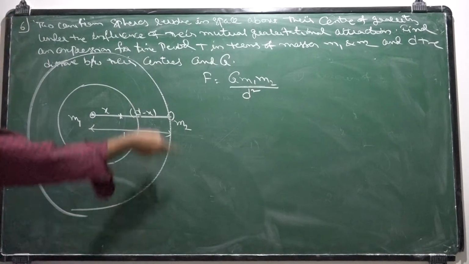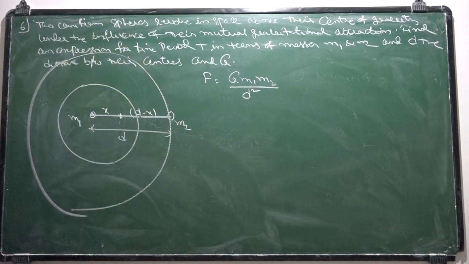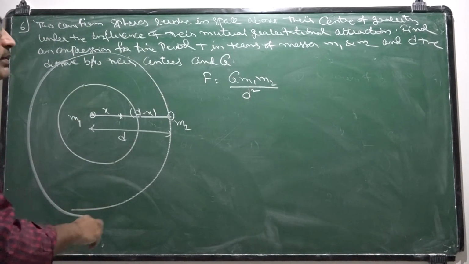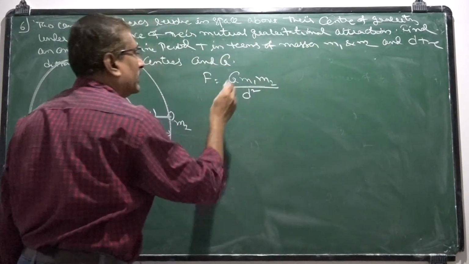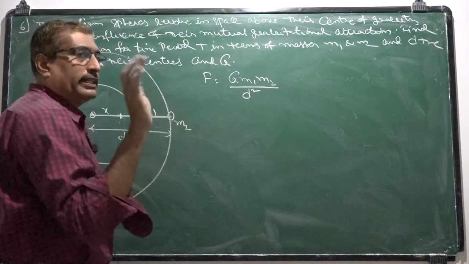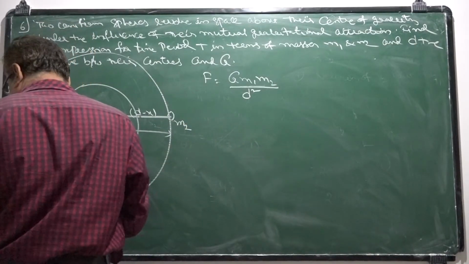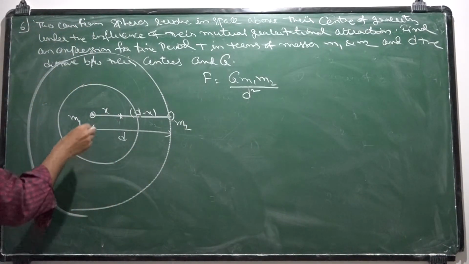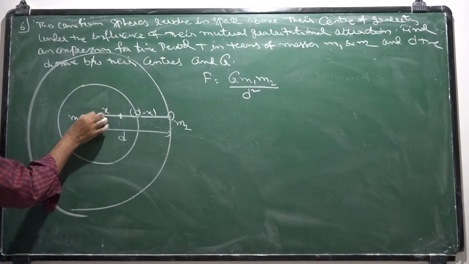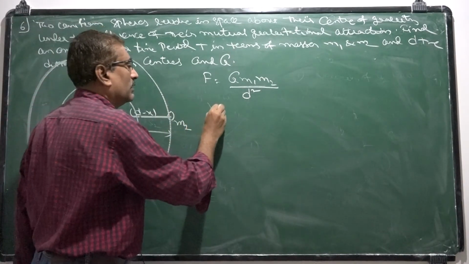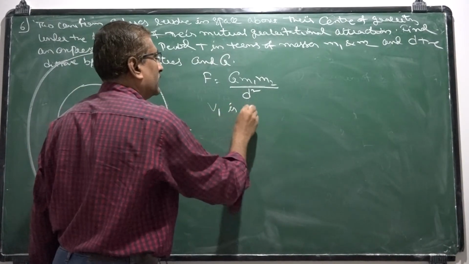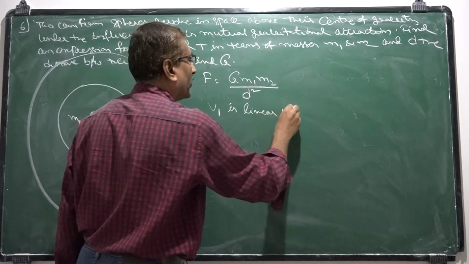As they are revolving in a circular orbit, the necessary centripetal force is supplied by their mutual gravitational attraction. For the first body of mass m1, suppose v1 is its linear velocity.